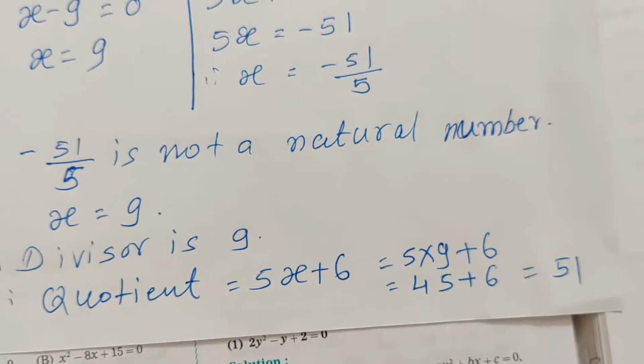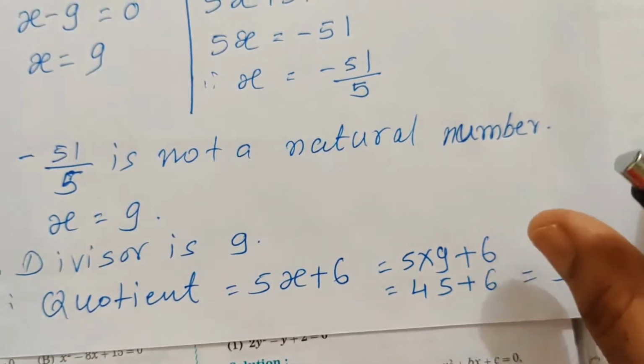You can solve it once again on your own. Try to solve all the word problems on your own. See, in this example we consider the divisor x, and so according to the given condition the quotient is 5x plus 6. Then we use the formula of division, that is dividend is equal to divisor multiplied by quotient plus remainder.